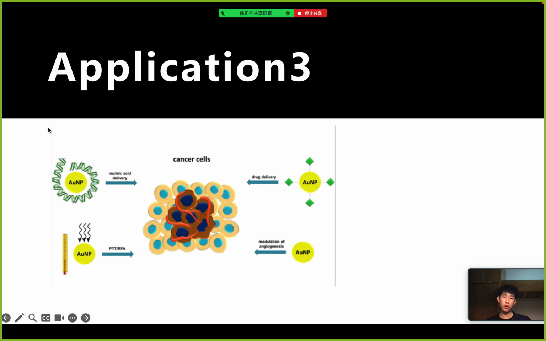To make a long story short, they inject the gold nanoparticles in the place where there are cancer cells, and energy is transferred to the gold nanoparticles, and the gold nanoparticles release heat energy, and it kills the cancer cell.